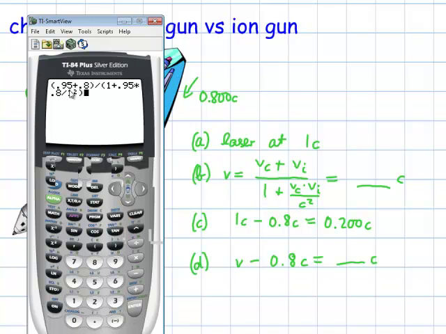Yeah, each one of these numbers is in terms of the speed of light, and I hit the enter button and I come up with 0.994 times the speed of light, and then I would subtract for my answer D down here the speed of the cruiser, which means that this is how much faster the ions seem to approach that second spaceship as the cruiser does in relation.